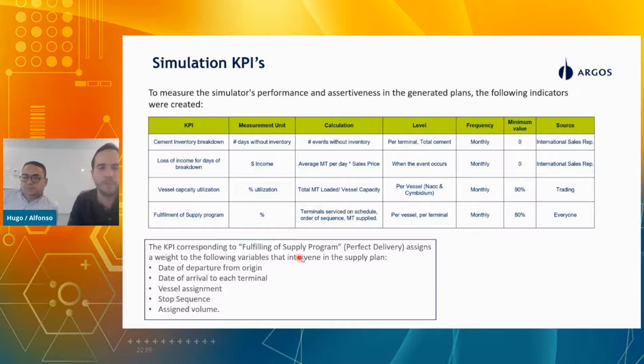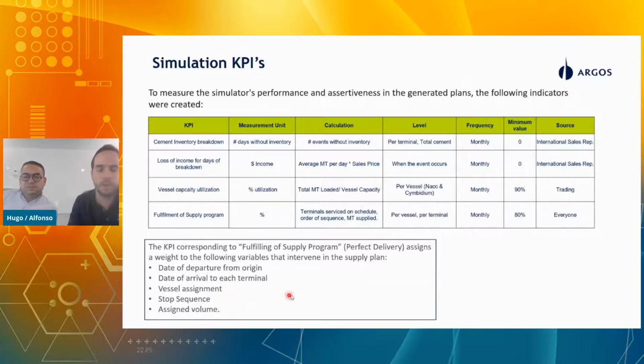Now, this fulfillment of the supply program would assign a weight to different variables that intervene in the supply plan. These variables that we are considering are the date of departure from origin, the date of arrival to each terminal, vessel assignment, stop sequence, and the assigned volume to each terminal.